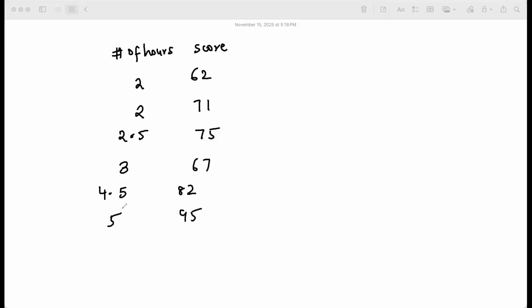Go ahead, find the slope, find the intercept, and write the equation of the line of best fit. First, plot the points. Then tell me the equation for the line of best fit.